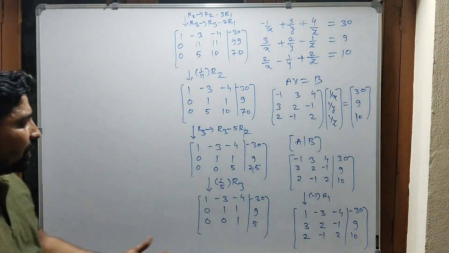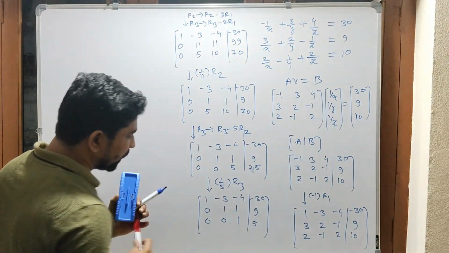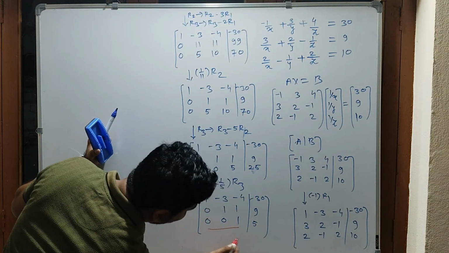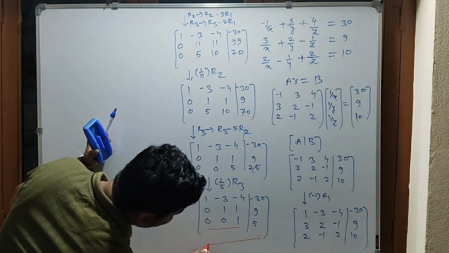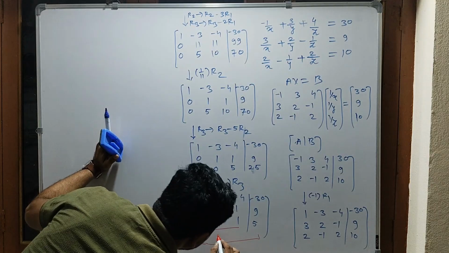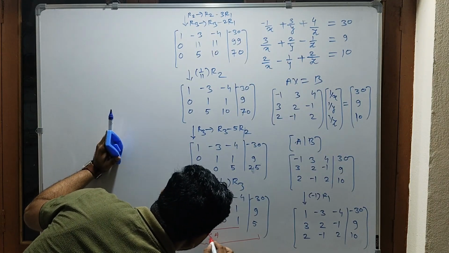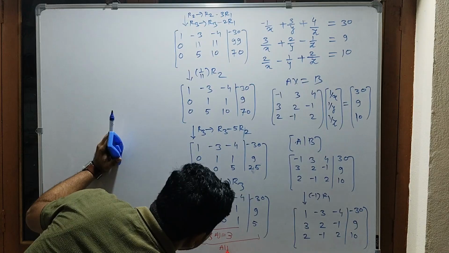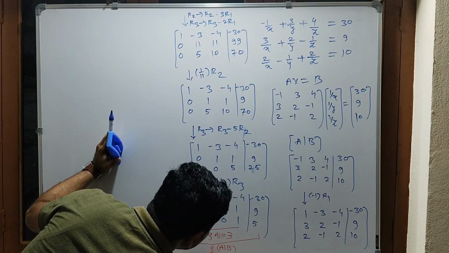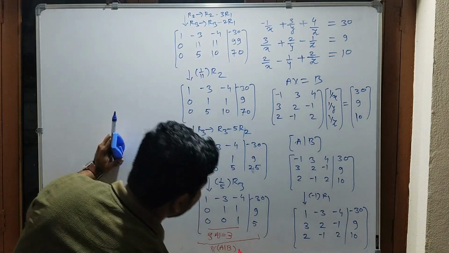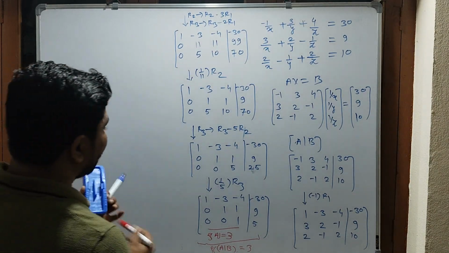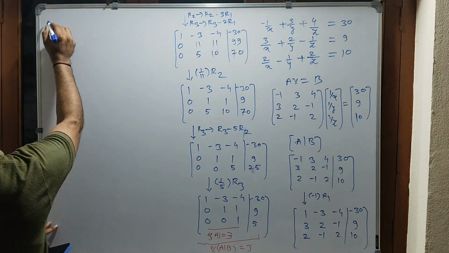Here you can observe one thing. This is my matrix A, and this whole is my augmented matrix A B. The rank of matrix A is 3, and the rank of the augmented matrix is also 3.